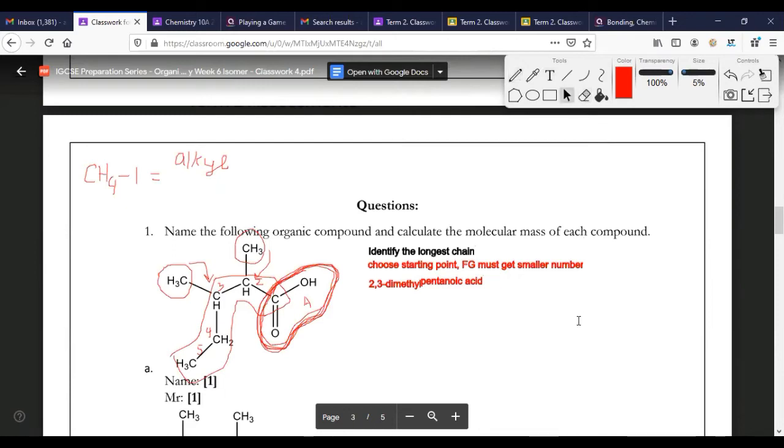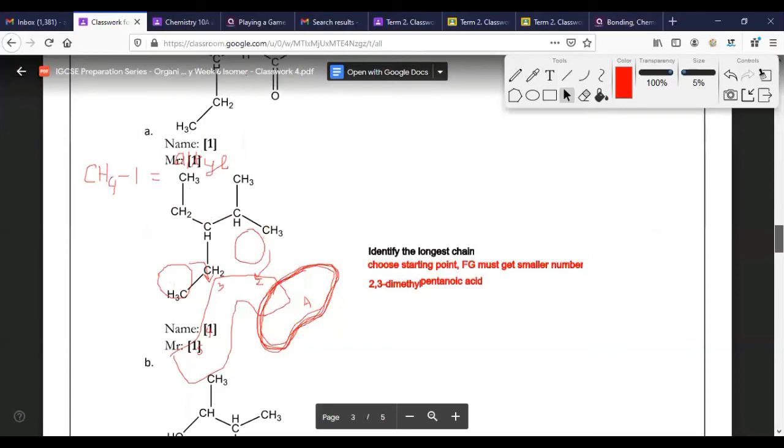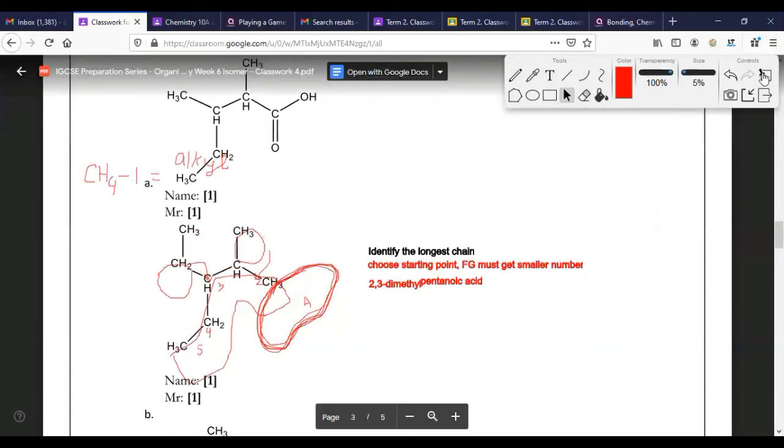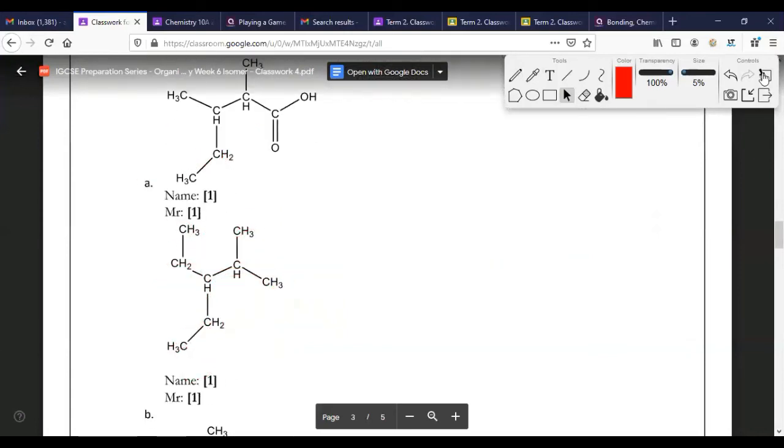Okay. Next, number 2. For number 2, can you identify the longest chain? Is it 5 again? 5 again, yeah. Can we start from here?